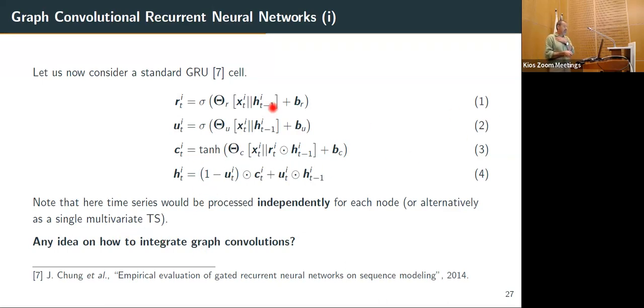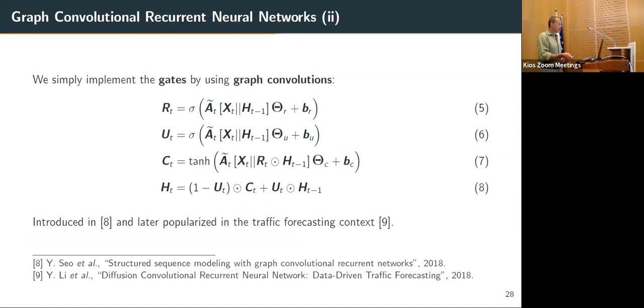And this is time. And now you might ask, how can we integrate a convolution with respect to space, the graph? Well, this is another way. This is very useful in a traffic forecasting context. I would rather say in any application. The good point is that if you want to control those gates, you can do that through a graph.